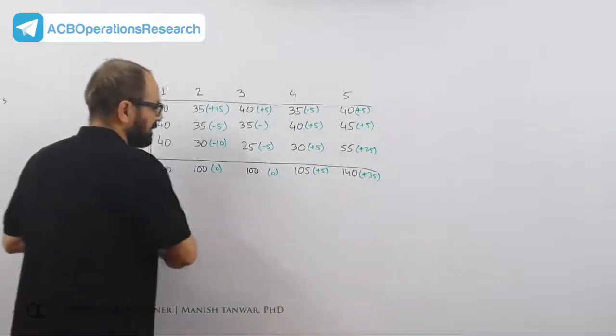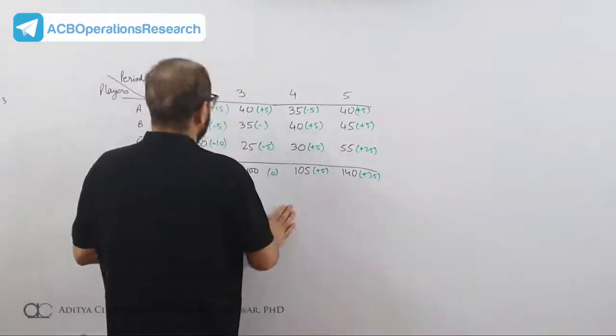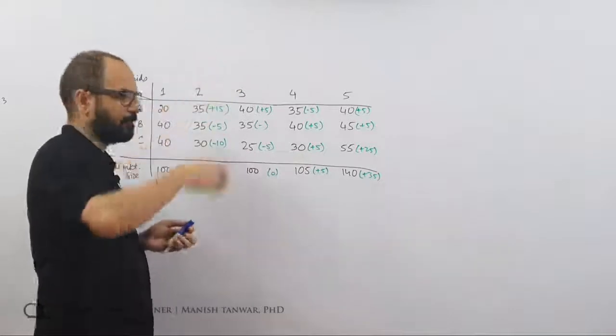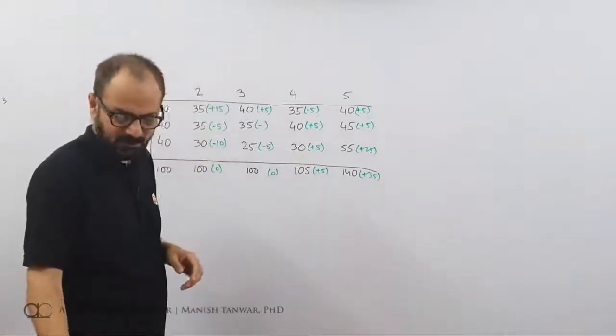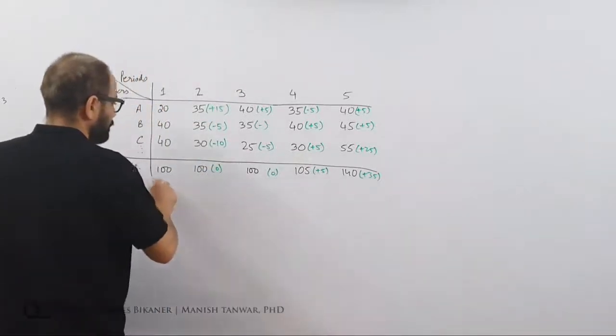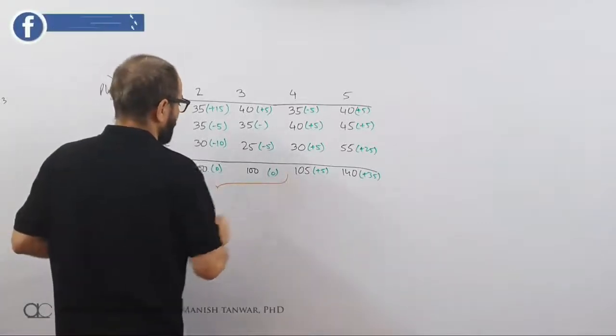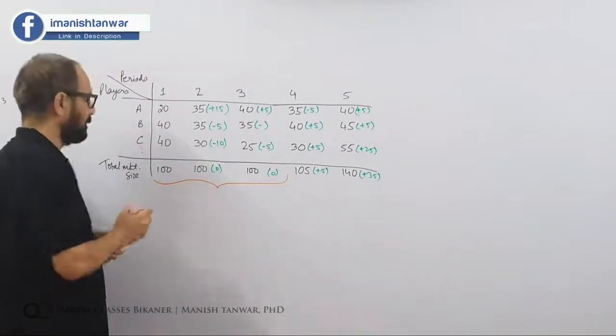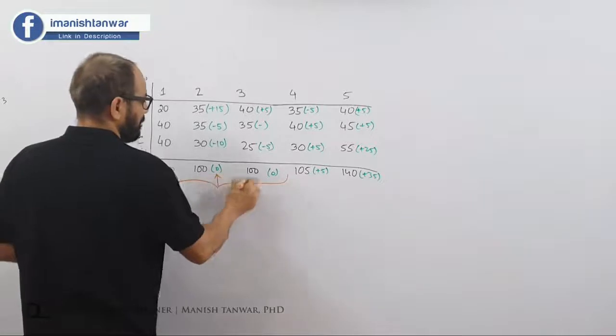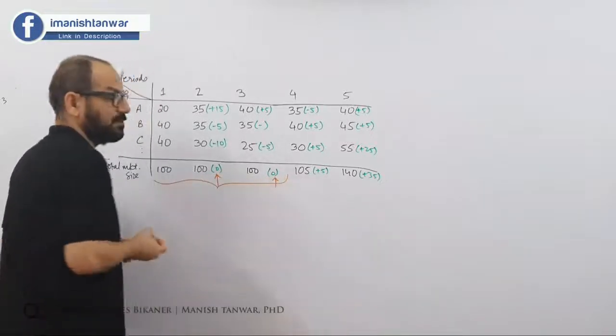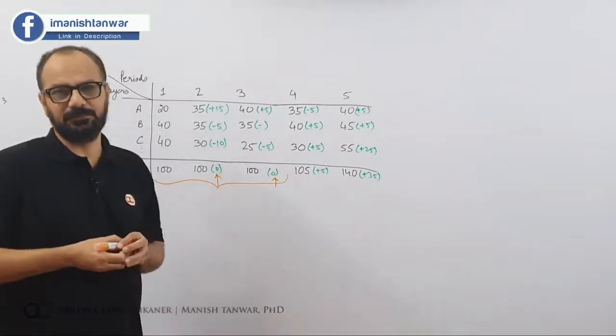Now, if we have a look at these scenarios for 5 periods, this could go on. If we have a look at these scenarios 1, 2 and 3, look carefully, we have a 0, we have a 0. So, the transition in these cases is 0.